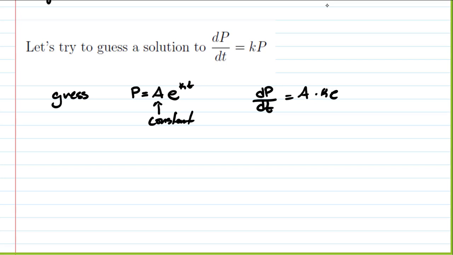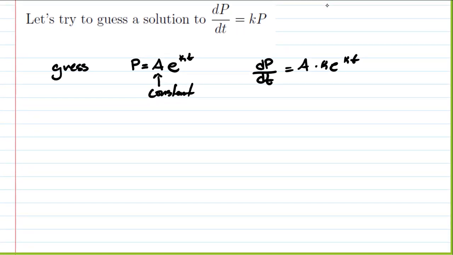Well, it's k e to the kt. So let's check if this is a solution. That gives us a times k e to the kt. That's dp dt. We want to know, does that equal k times p, which is a e to the kt? And yes, it does, right?